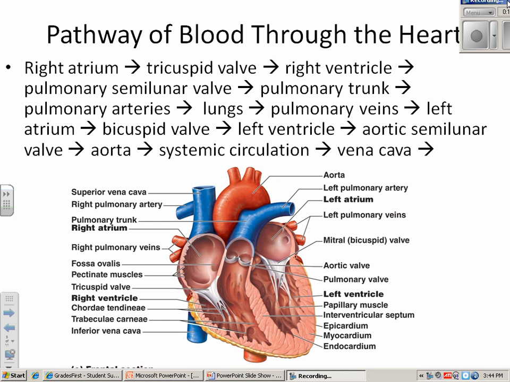The pulmonary trunk, it's just a trunk of those blood vessels. You see how the trunk splits? So it's basically like a tree trunk.